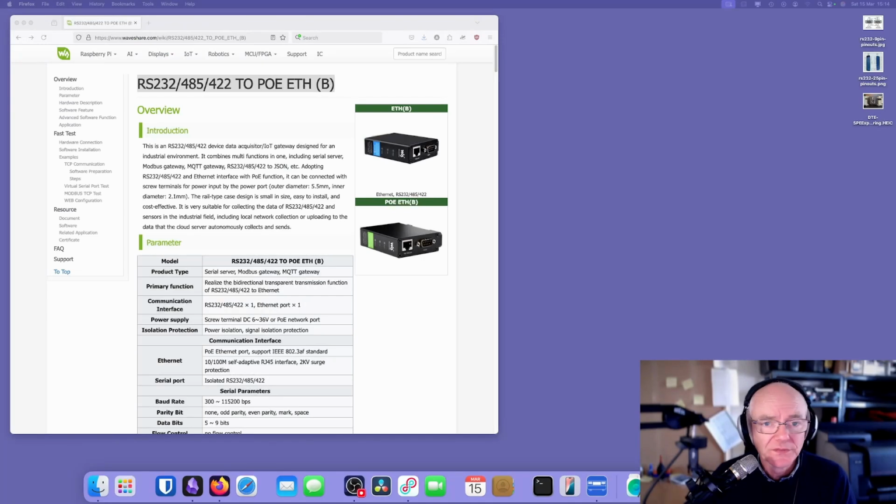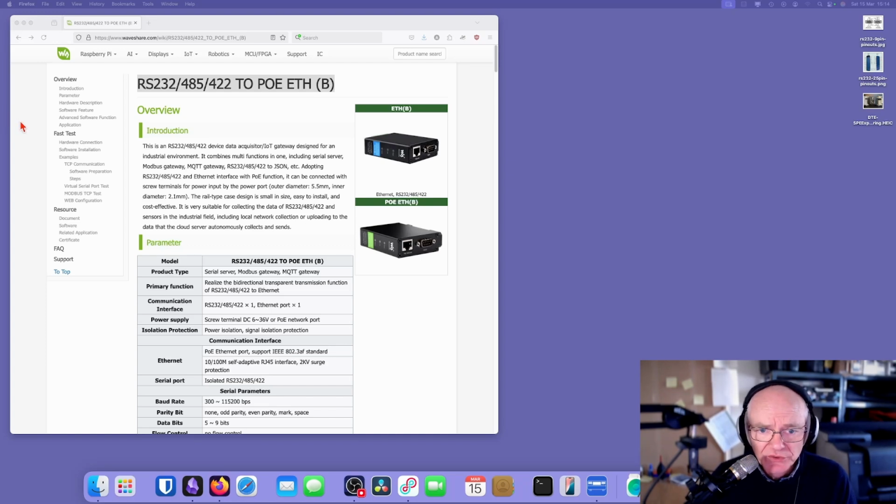Okay, so the unit I actually chose was one of these units. If I switch across to that, there we go. So it's from a company called WaveShare.